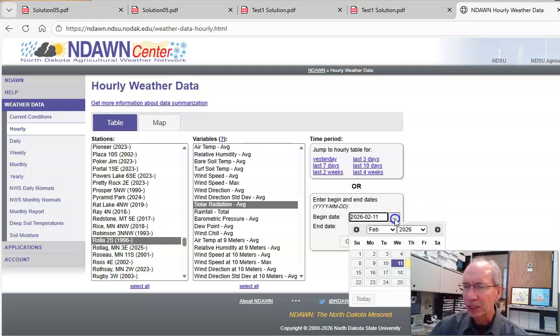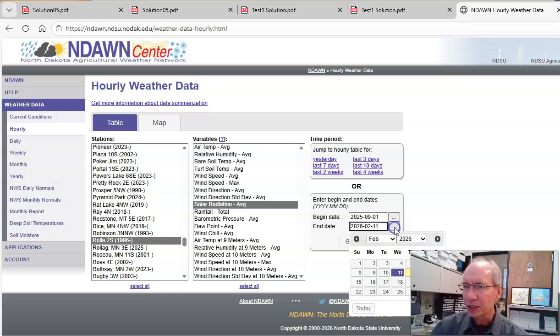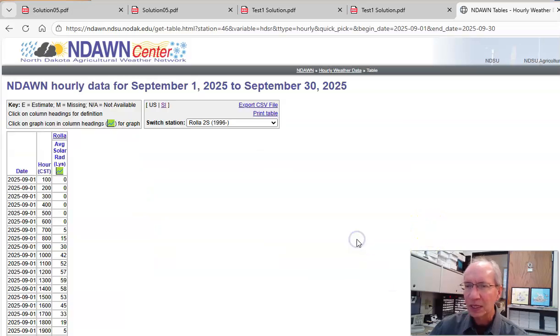So February isn't probably the best month. That's during the winter. Pick something during the equinox, say September 1st to 30th. Get table. So here's the data in English units.